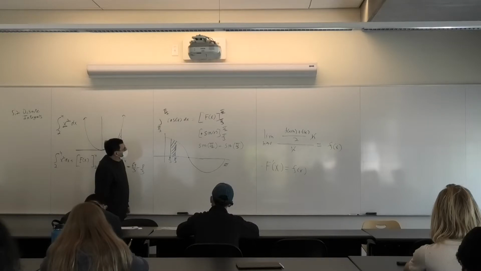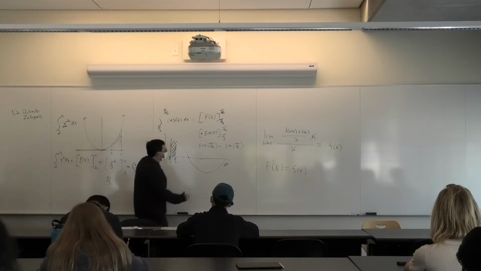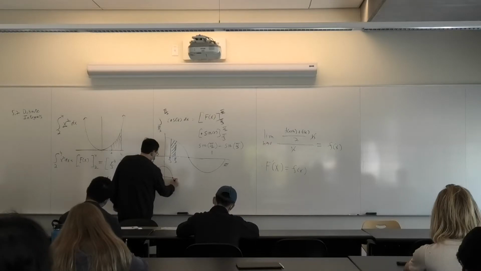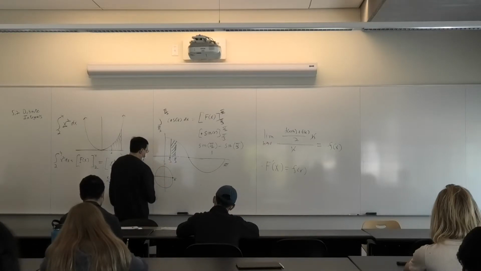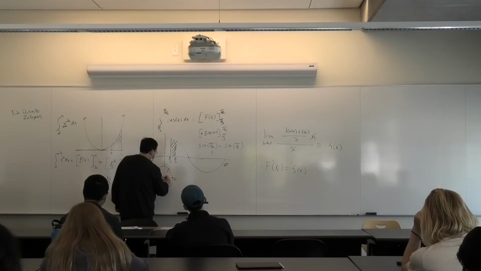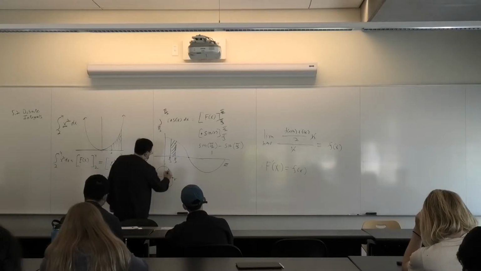Sine of pi over 2 is 1. Here's my circle, sine 0, sine 1. Pi over 3 is a 60-degree angle, right? So the sine will be square root of 3 over 2.